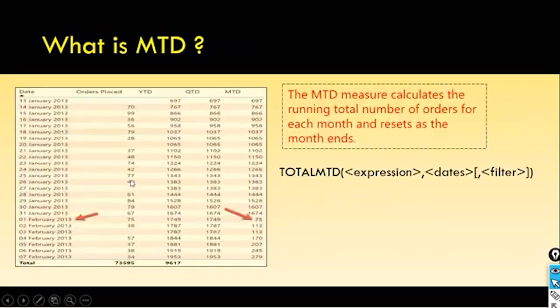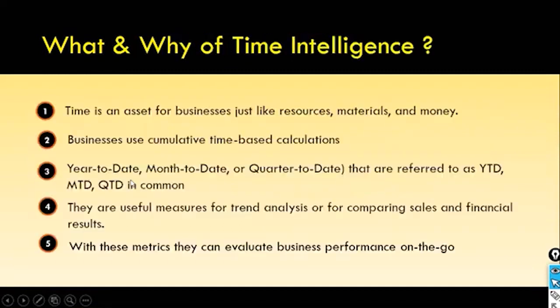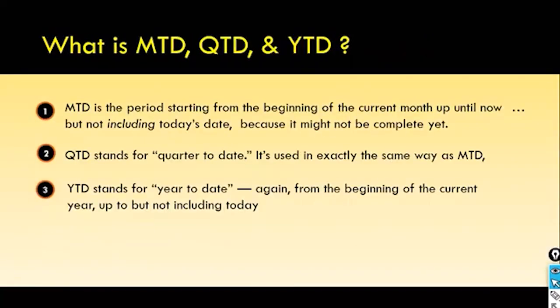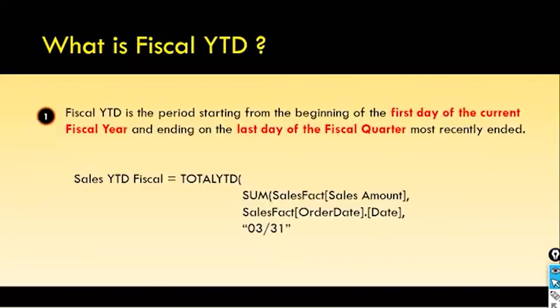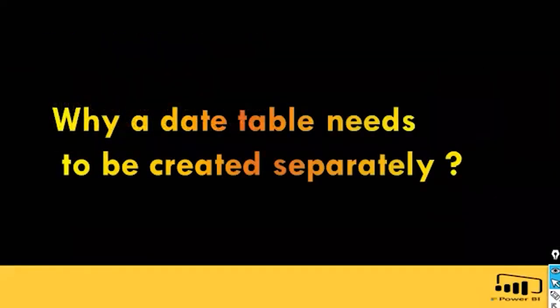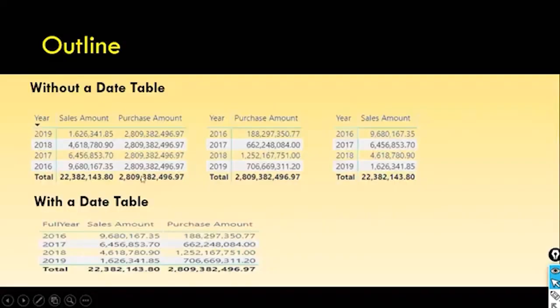In the case of time intelligence, first of all, you need to make sure that you have a separate date table. We already discussed the date dimension, right? Without a date dimension, it cannot do the filtering correctly. Why does a date table need to be created separately? For example, this is a situation. Sales amount is available and purchase amount is available in another table.